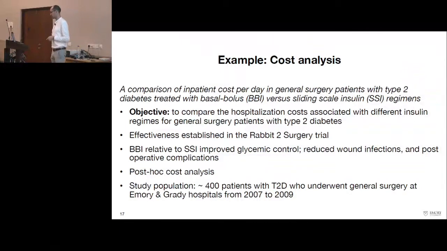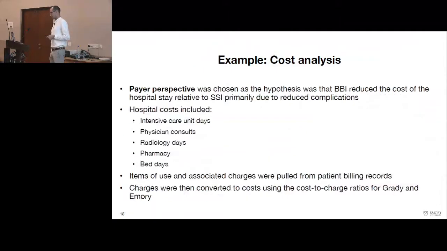The study populations were patients treated at two different hospitals in Atlanta. And for this cost analysis, the researchers chose the payer perspective, and considered costs such as intensive care unit days, physician consults, number of radiology days, all drugs related to the inpatient stay, and essentially the length of stay.